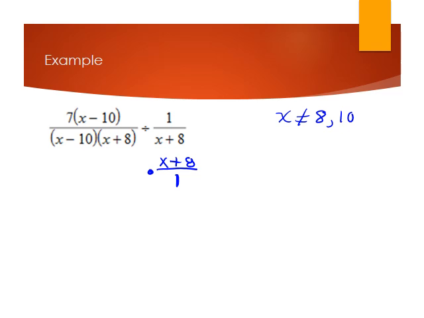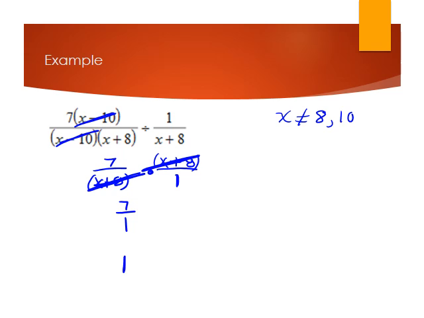But the x minus 10s cancel, and that leaves us with 7 over x plus 8, and then the x plus 8s cancel as well, so that just leaves me with 7 over 1 or 7. In order to reduce, if it's a term like that, the whole term has to be the same in order for it to cancel out.